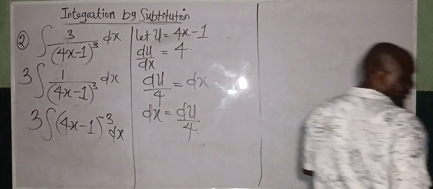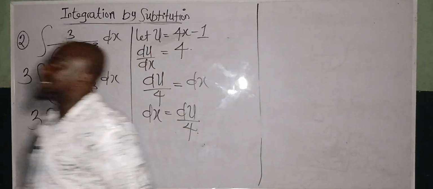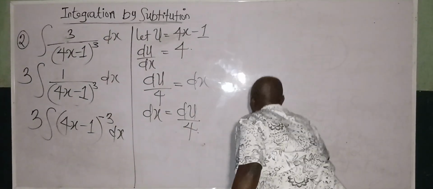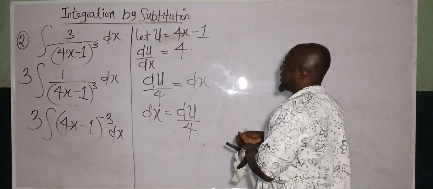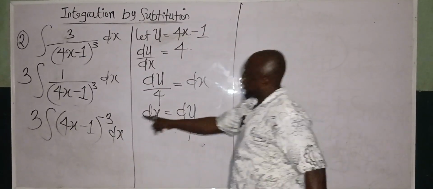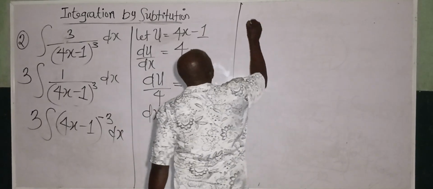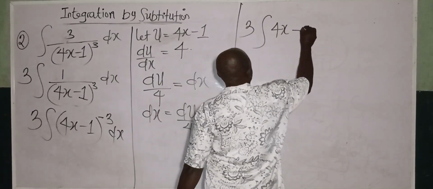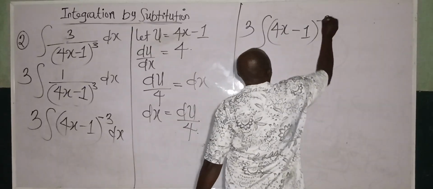From this point, we are now told that to do that sweatlessly, we'll come back to this point now, where we have 3 times the integral of (4x minus 1) raised to the power of minus 3, dx.